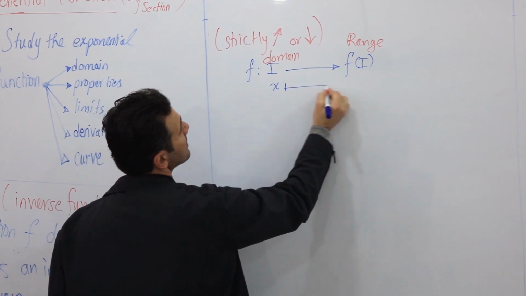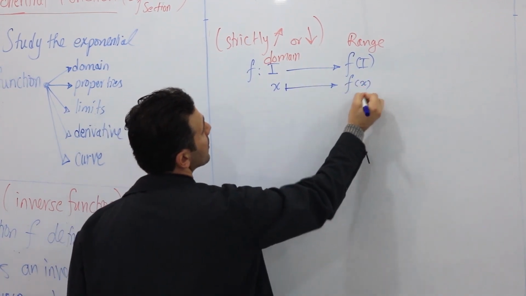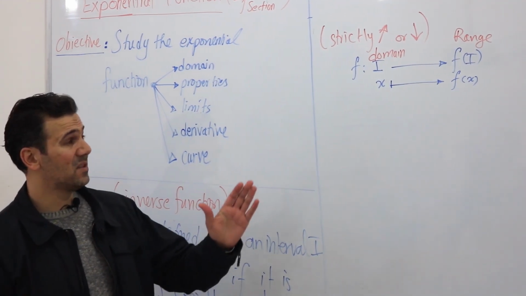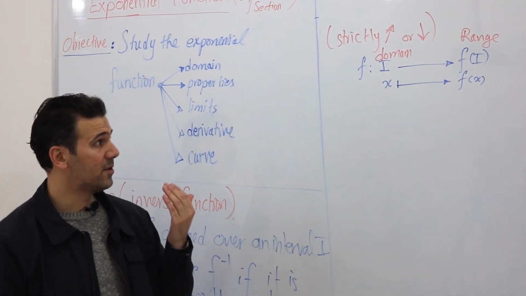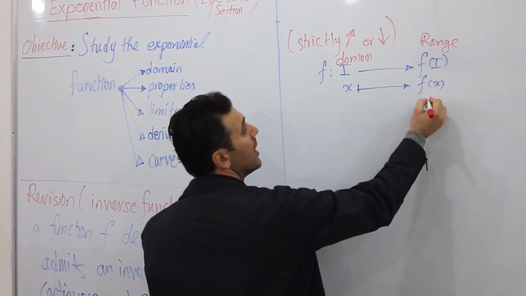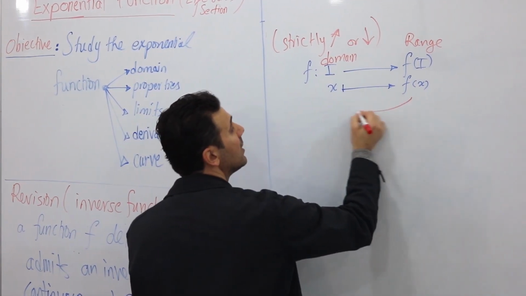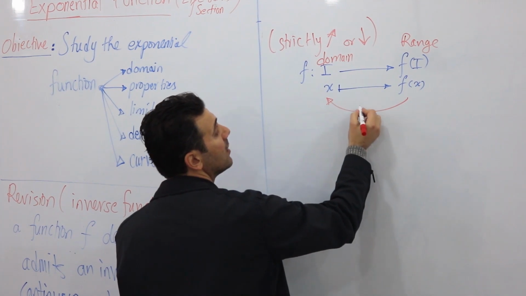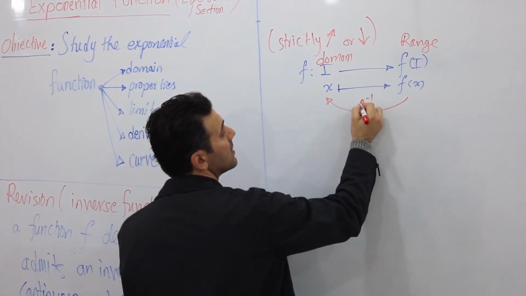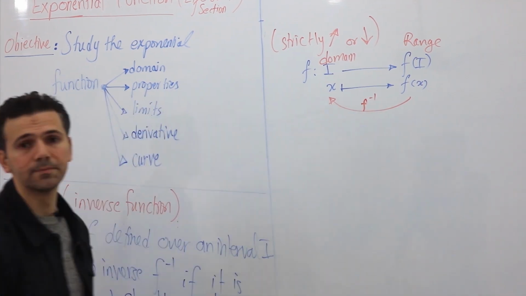It takes x, and this is f of x. Why? The inverse function acts in a reversed manner. It takes the inputs from f of y to y back. This is the behavior of f inverse.